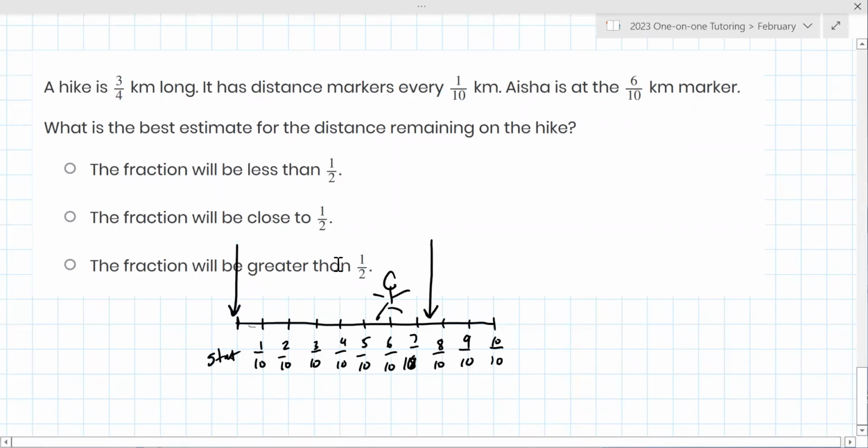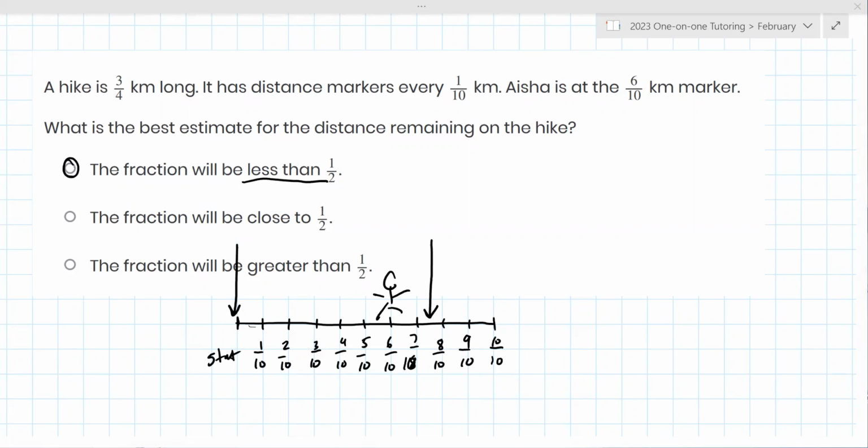Is she close to the finish line or closer to the starting line? She's close to the finish line. Yes. So she's got less than half remaining. All right.